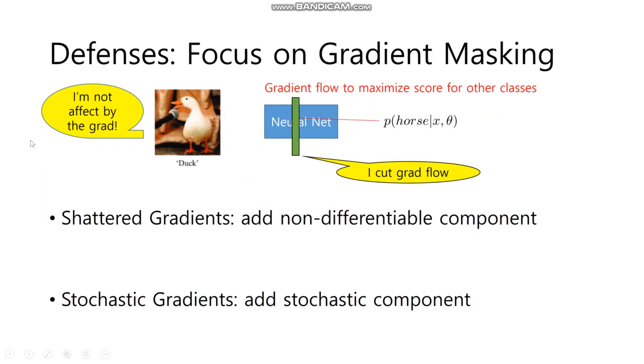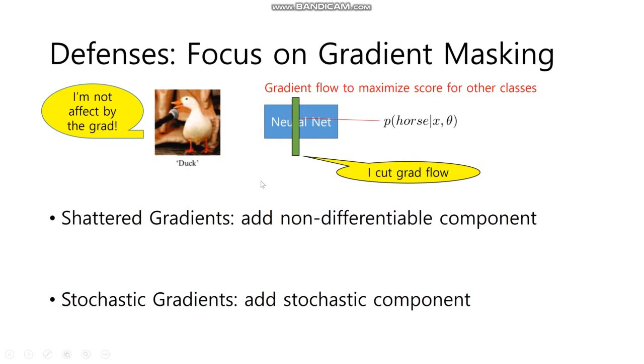Then how do we defend against it? The previous methods usually focus on gradient masking. So to generate adversarial examples, it is necessary to apply gradient ascent or descent on the input image.